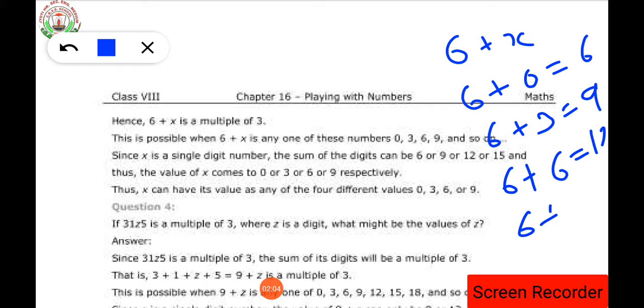Then if we keep 9, 9 plus 6 is 15. So here 6, 9, 12, 15 are divisible by 3, isn't it? Since it is divisible by 3, we can consider that x can be the value of 0, 3, 6 and 9. Clear everyone?